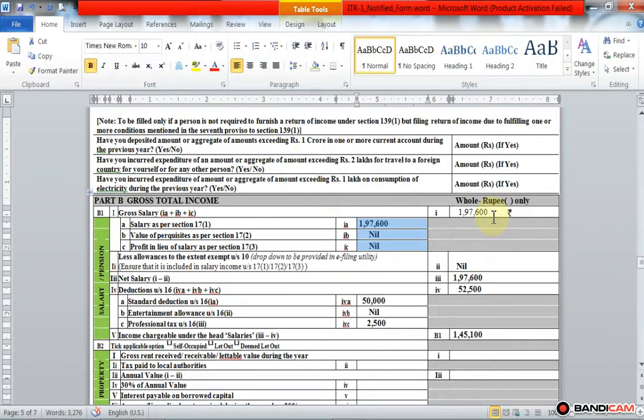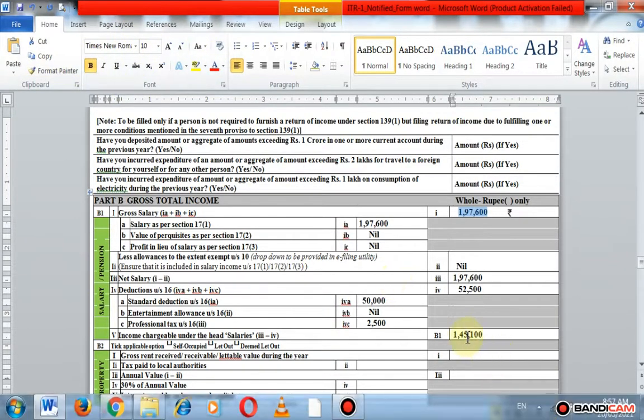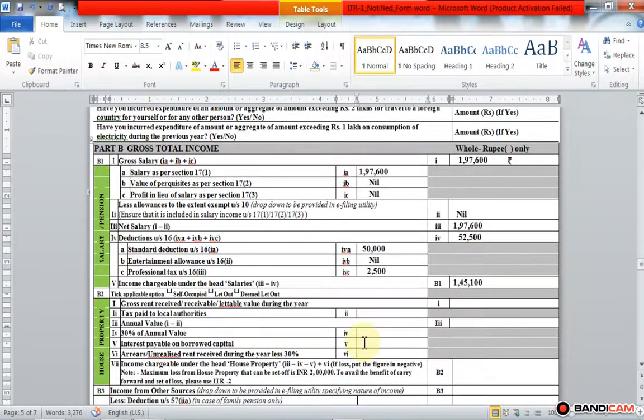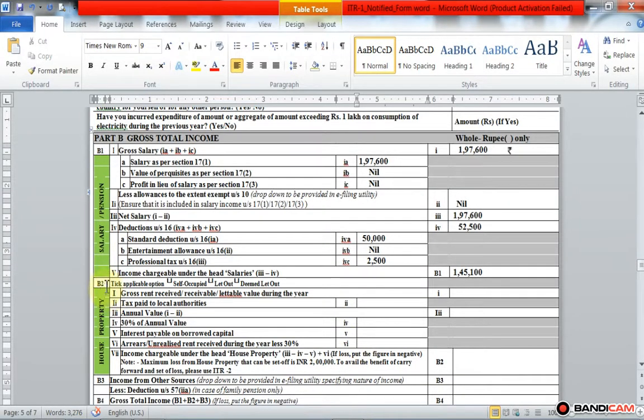Now we get income chargeable under the head salary amounted to rupees 1,45,100. Now the next part is B2. Part B, we completed B1.